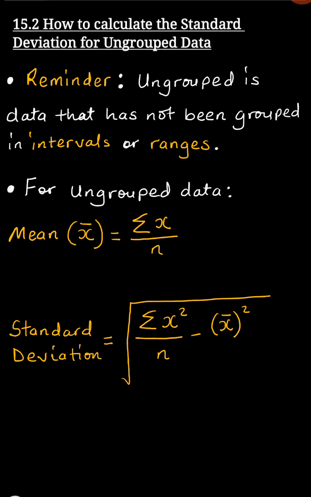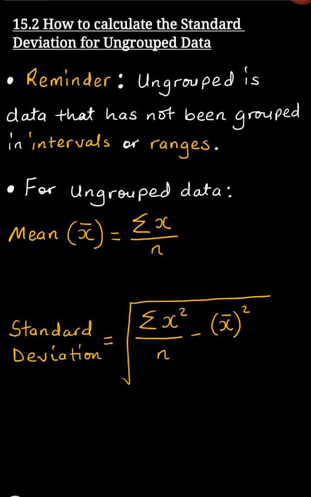When it comes to ungrouped data, this is the type of data that has not been grouped or categorized in intervals or ranges. To simplify this, remember that ungrouped data is simply raw data.